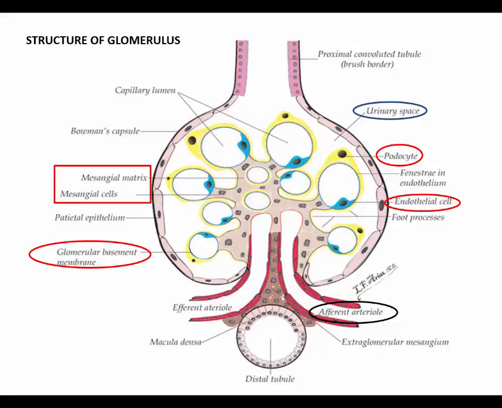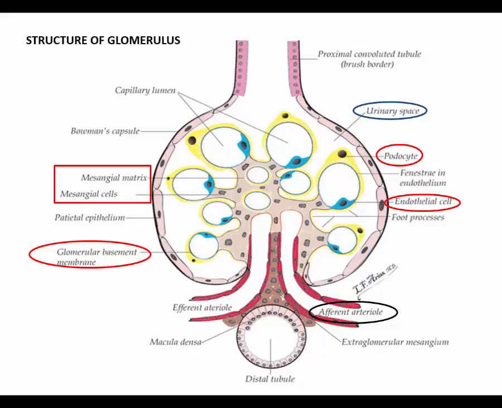These capillary loops are lined by the endothelial cell. There is a basement membrane around it, and then there is a podocyte, which is the epithelial cell on the outside, which has small areas that we call foot processes.